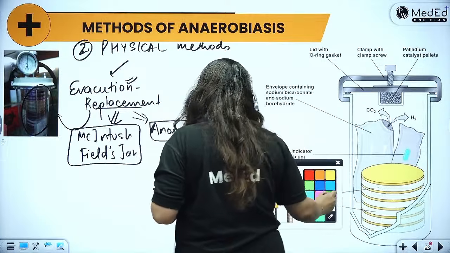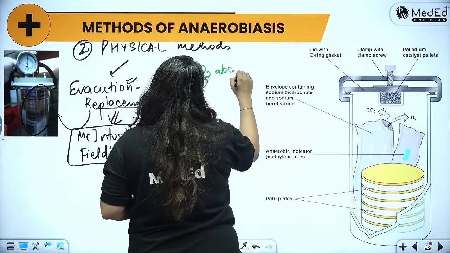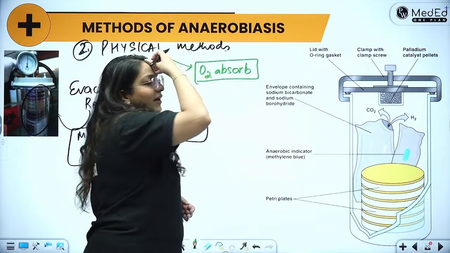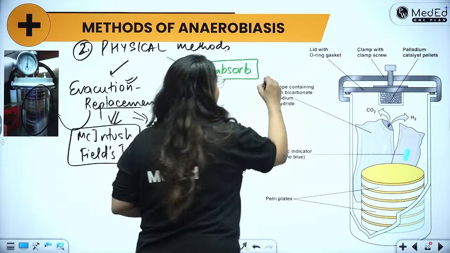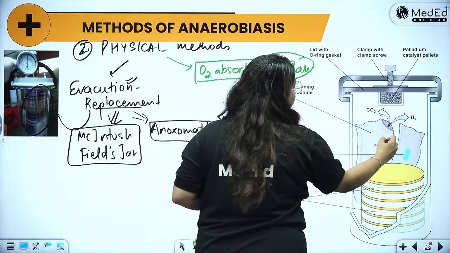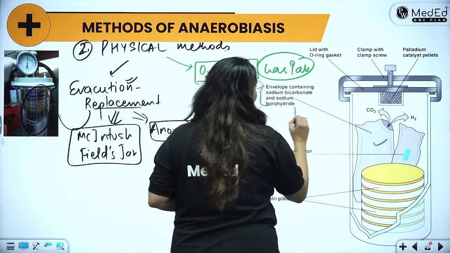Another of the physical methods is oxygen absorption. So I will use some chemicals which are totally going to absorb the oxygen and remove it from this jar. One example of that is the gas pack. So what is a gas pack? It is like a small packet which has sodium bicarbonate and sodium borohydride.